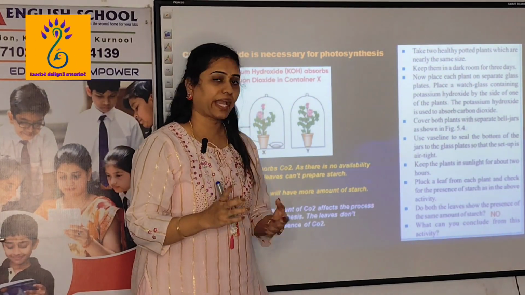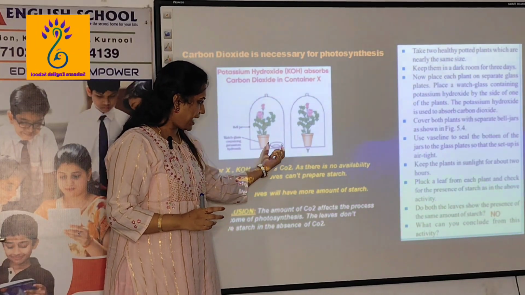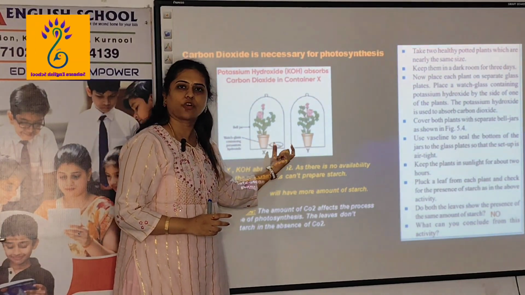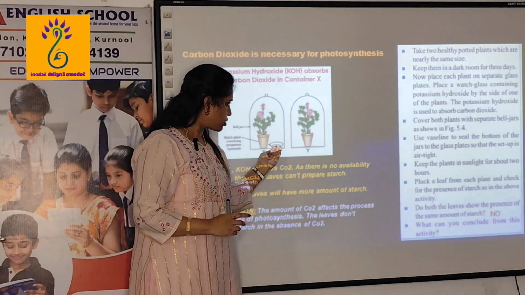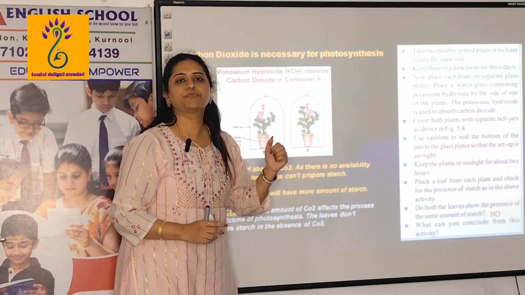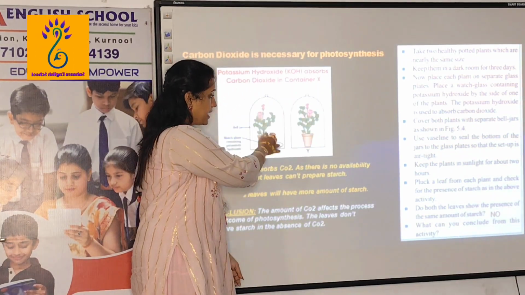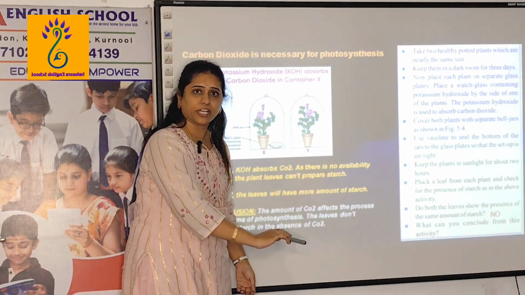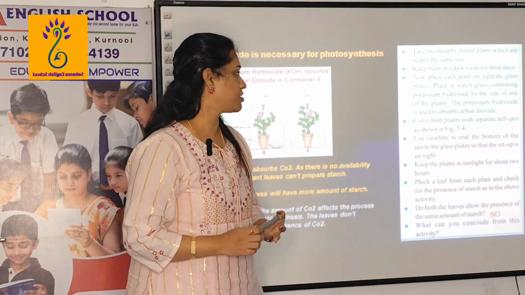No. Why? Because pot X has potassium hydroxide, and this potassium hydroxide absorbs carbon dioxide. Whatever is present here, it absorbs the carbon dioxide. So starch formation is not possible.